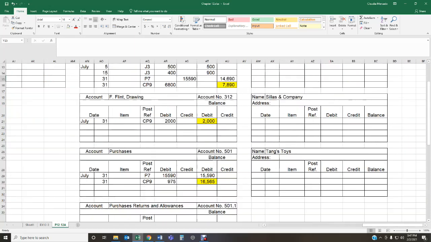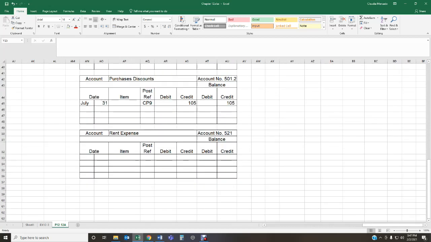So let's look over to our rent expense, and this is happening as of July the 1st. This is coming from cash payment journal page number 9, and I've got a debit of 1,500.